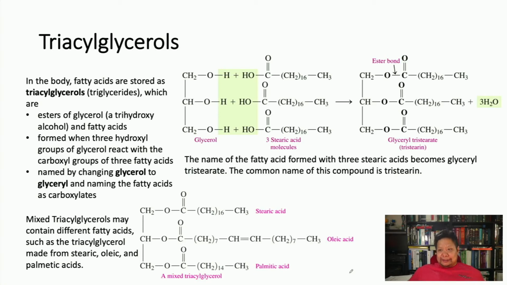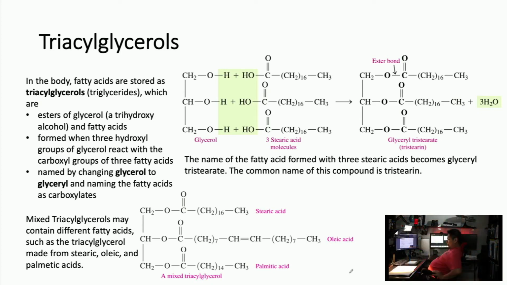When you consume these triacylglycerols, they get broken down into their substituent fatty acids and then get transported to your adipose tissue. So, let me just say all that again, except in a more organized fashion. The triacylglycerols are the fatty acids that are stored in body fat.